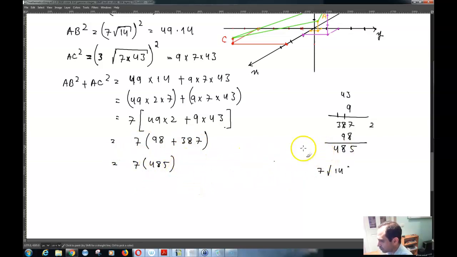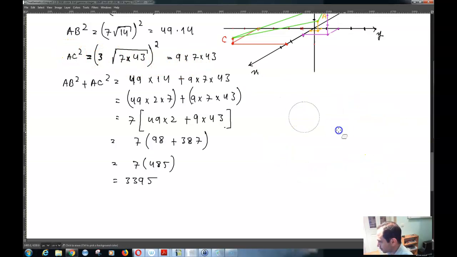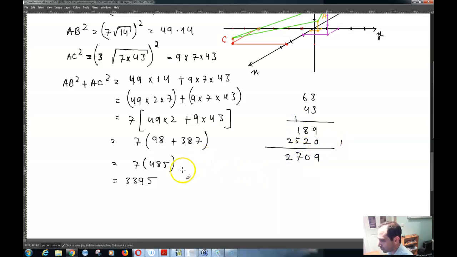And 7 times 485 is equal to 3,395. And AC squared is equal to 63 times 43, which is 2709.